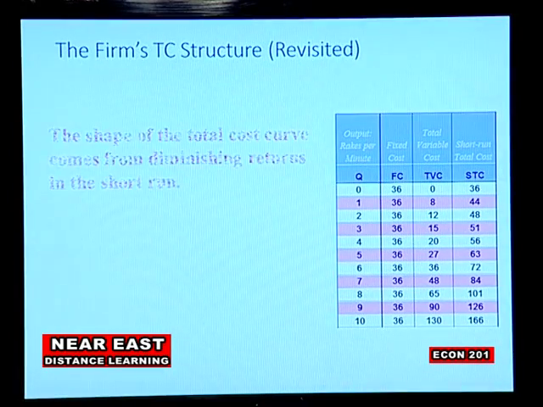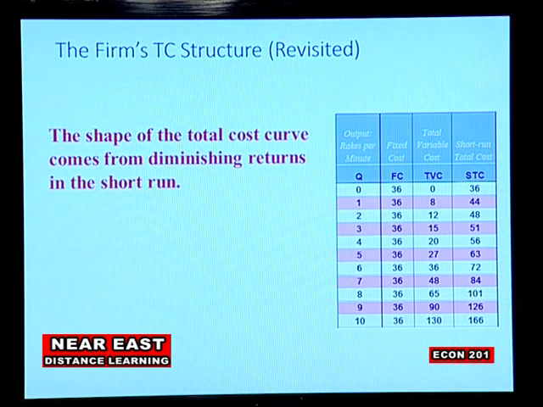So this table gives a summary of how the total cost is driven. The fixed cost is constant and doesn't change, while the variable cost changes as more variable factors are employed. Then the short-run total cost is the addition of fixed cost and variable cost. For instance, at Q0, when no output is produced, total variable cost is 0 and short-run total cost is 36.